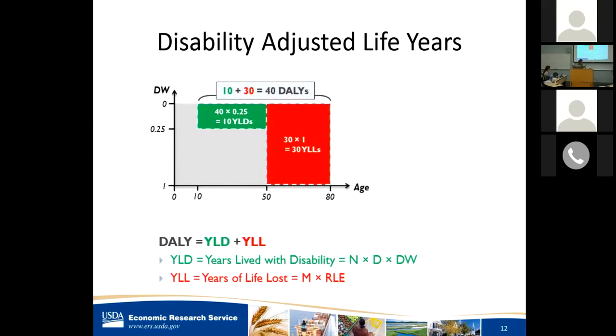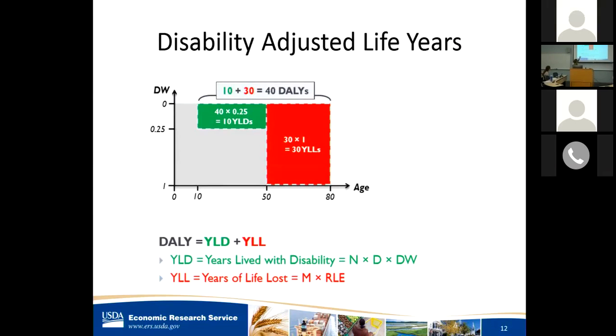So graphically, if I had a pointer, the red area accounts for loss of life expectancy. A person who might have lived to age 80 only lives till age 50, they lose the entire benefit of those years. So that's a loss of one DALY per year.